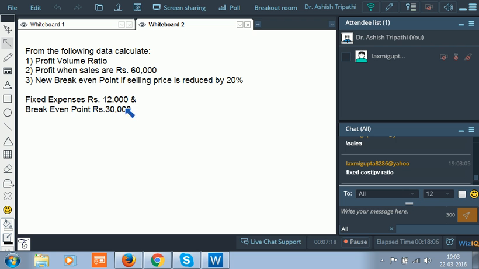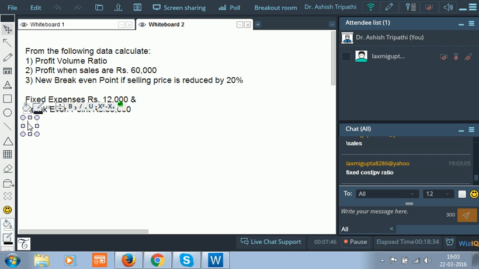Very good. Excellent. So this is the formula for break-even point. If you want to know break-even point, you will have to apply this formula. But break-even point is already given to us, 30,000. So fixed cost is also given to us, which is 12,000. The only thing which we don't have in the break-even point formula is PV ratio. So with the help of this formula, we will be able to calculate PV ratio. So let us try to calculate PV ratio.